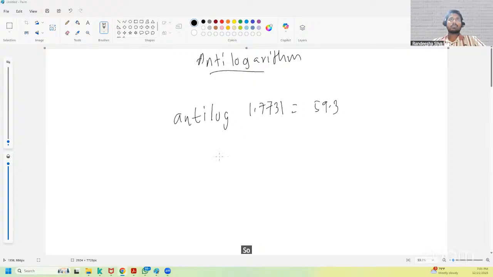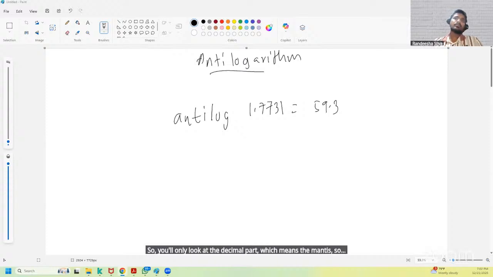So now we can discuss how to find the anti-logarithms using the table. Table means the log table. First part is you have to ignore the characteristics for a moment. So you only look at the decimal part, which means the mantissa.